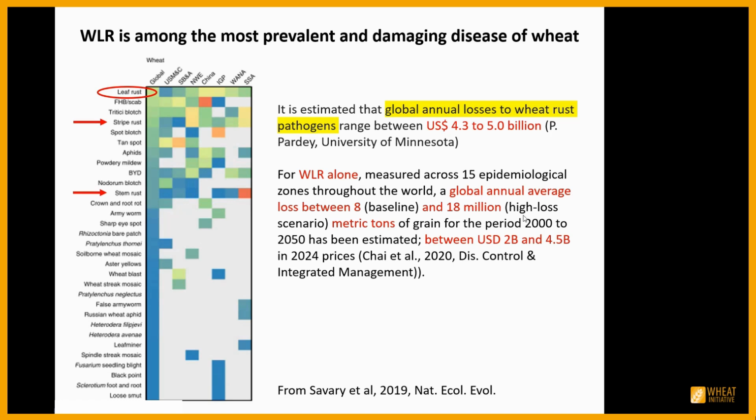But in North America and Canada it's a little less, because it's quite well contained through the use of genetic resistance and fungicide. Globally, though, it's causing a lot of problems. Stripe rust is down here, stem rust is here, and other diseases.